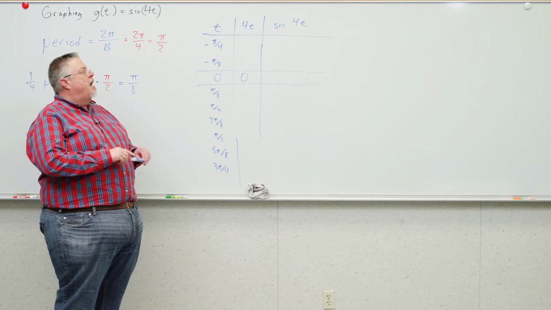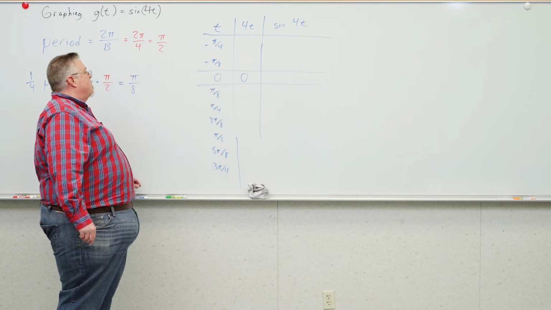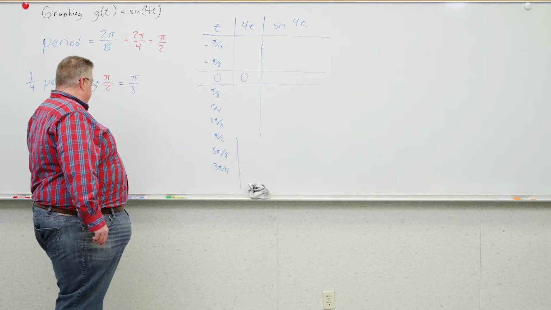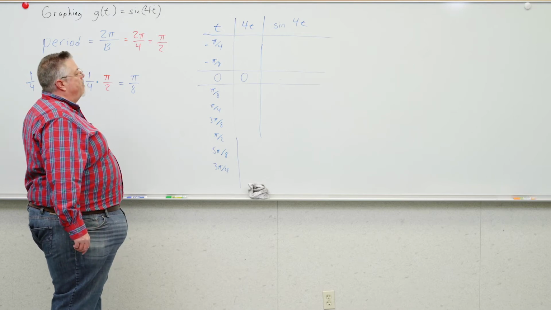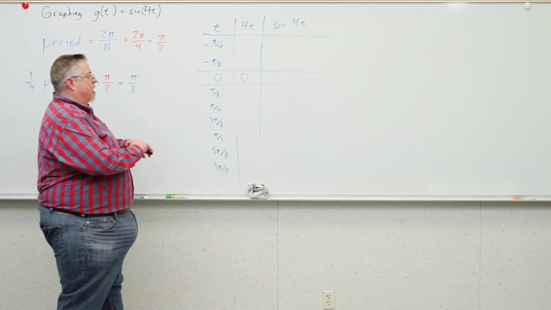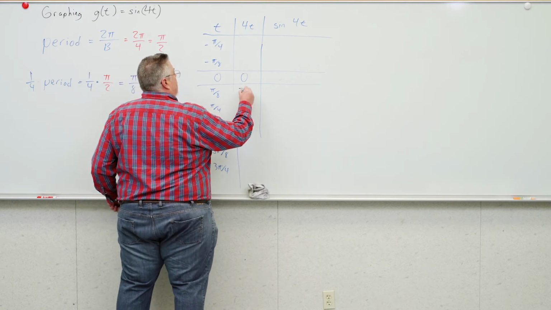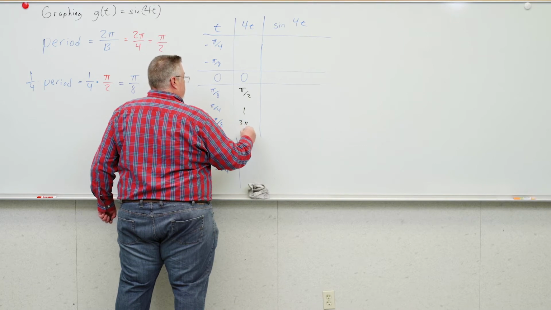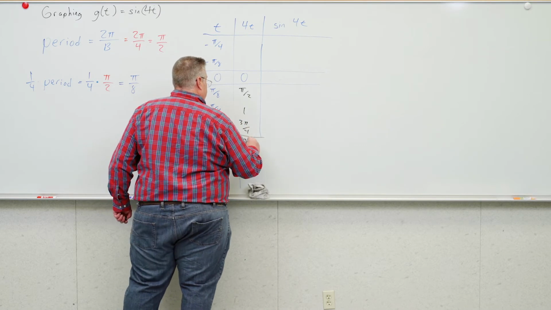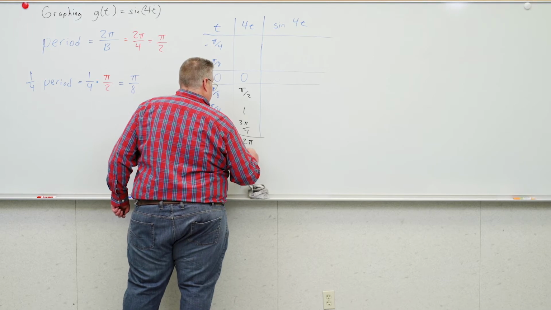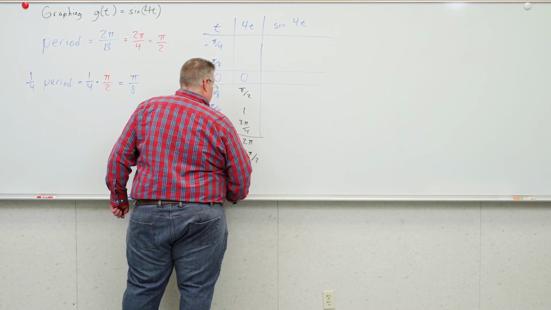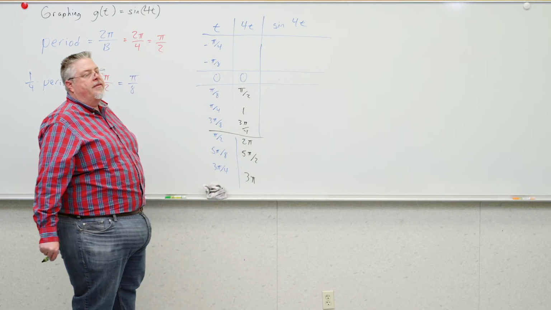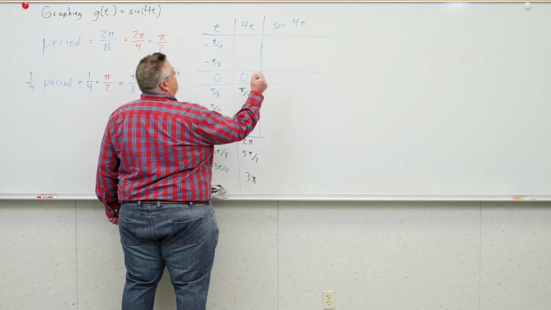Okay. Why did I choose these values? Again, starting at 0, and I wanted to go every quarter period. Why is that? When I multiply by 4, I get magic. These become my nice places to evaluate the sine of this.